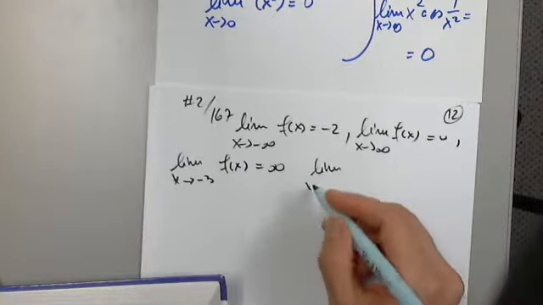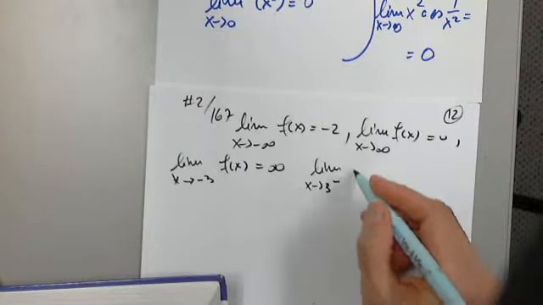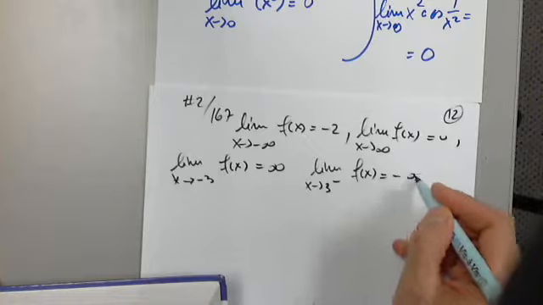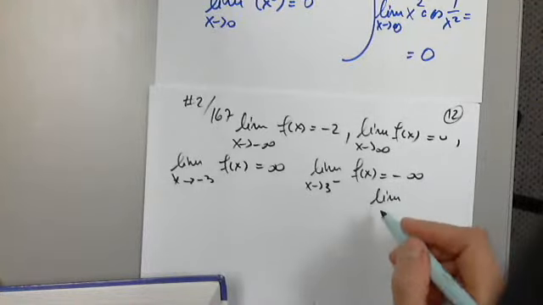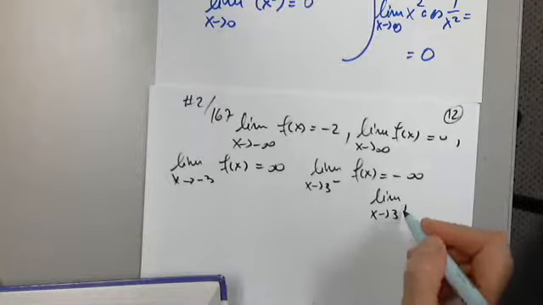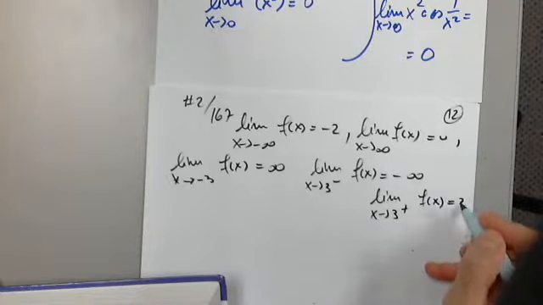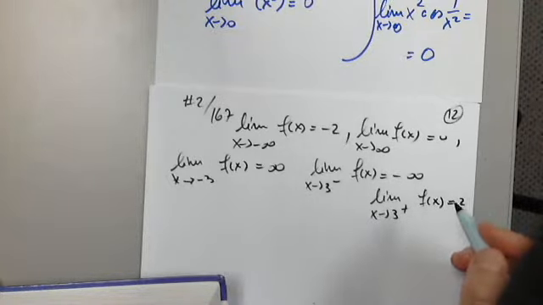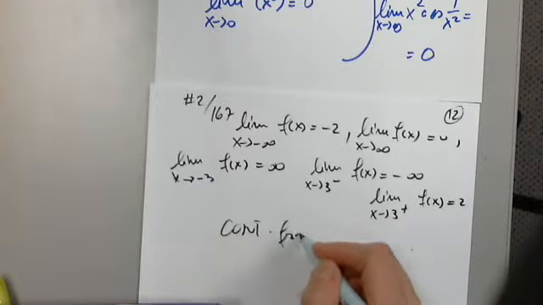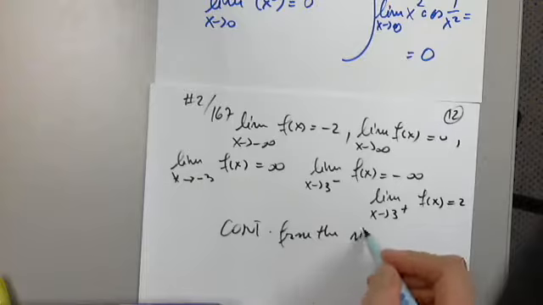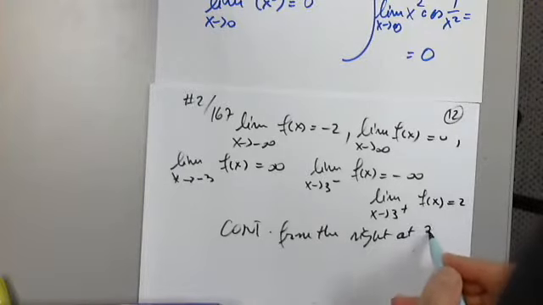The limit as x approaches 3 from the left of f of x equals -infinity. And last one, the limit as x approaches 3 from the right of f of x is 2. f is continuous from the right at 3.